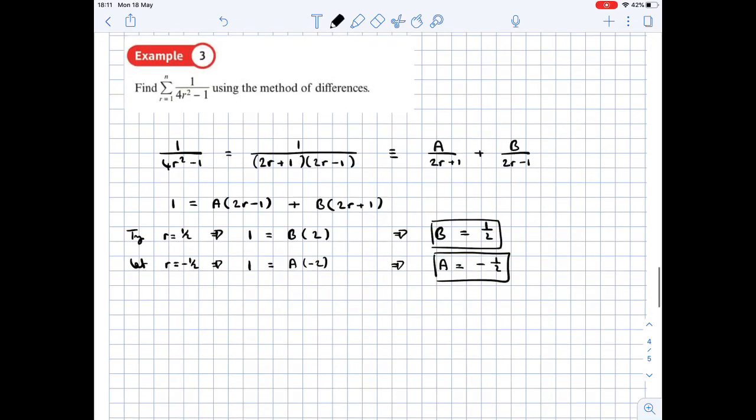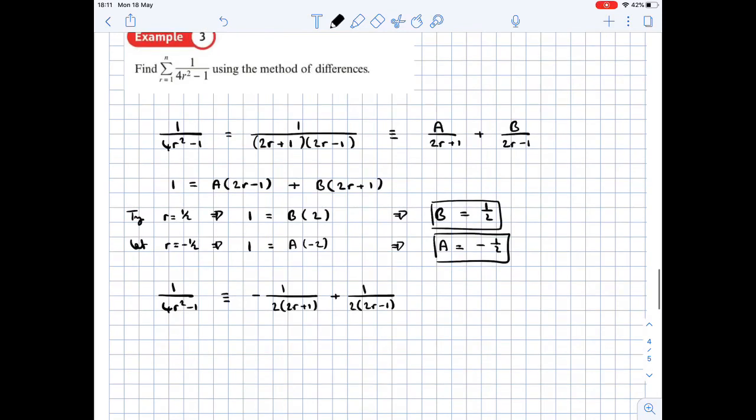Which now means that 1 over 4r squared minus 1 is equivalent to minus 1 over 2 times (2r plus 1), plus 1 over 2 times (2r minus 1). So now we want to find the summation.